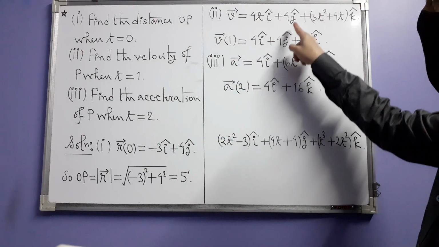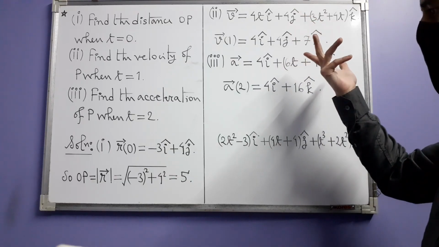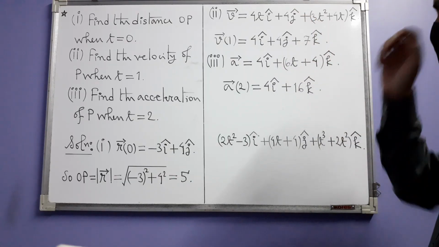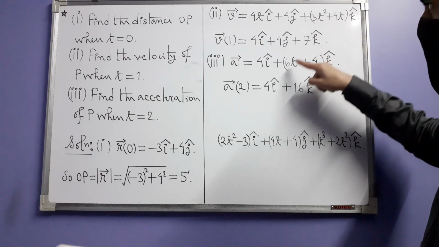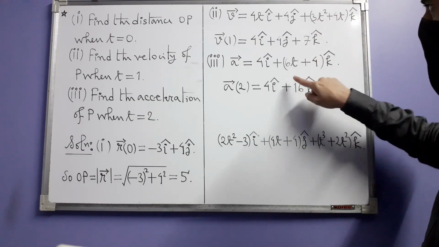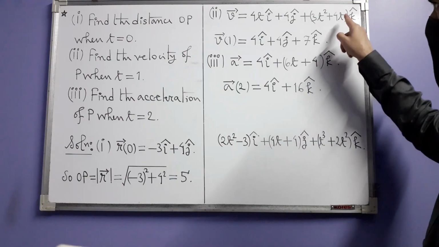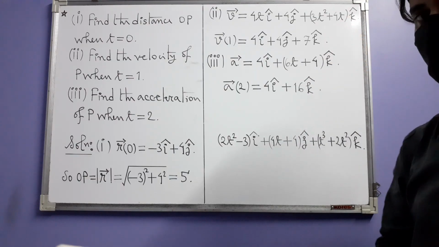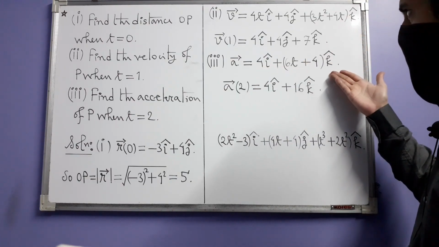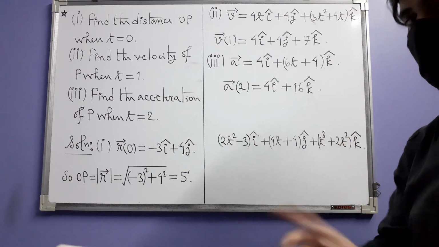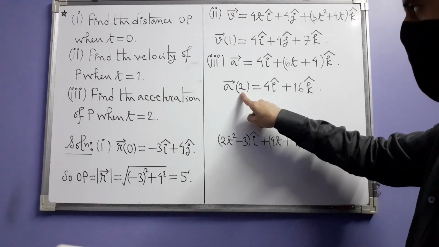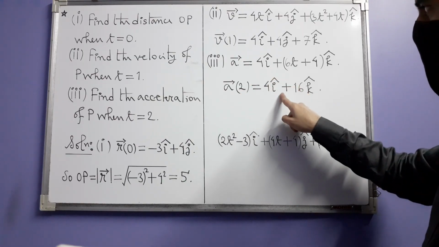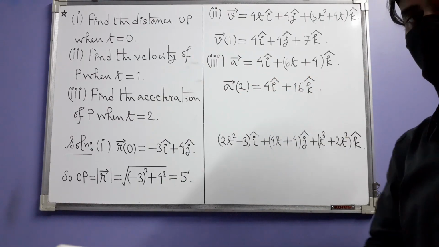So 4 i hat, this one vanishes because there is no t, this one is constant, and this one, 3t squared becomes 6t because 2 comes down, and 4t becomes 4. So this is your acceleration as a function of time, and that then you evaluate when the time is 2. So that way you get 4 i hat plus 16 k hat.